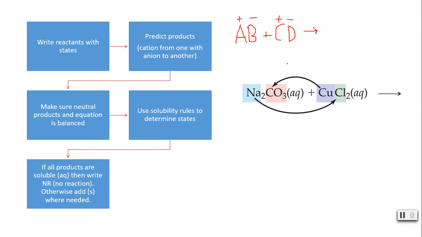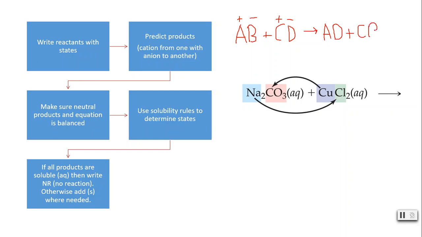And in a double displacement reaction, the cation of one species pairs with the anion of another species and vice versa. So in this AB plus CD reaction, the products for it would be AD and CB.